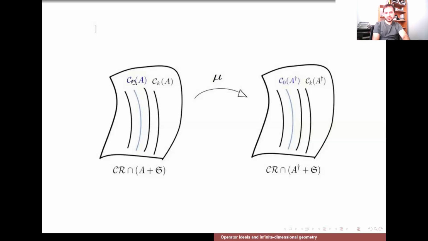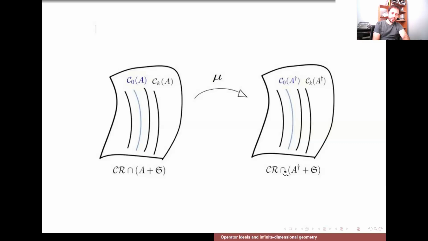Note that orbit C0 is the orbit where the operator A lies. Then these lines are mapped by mu to other lines here, which are again orbits.